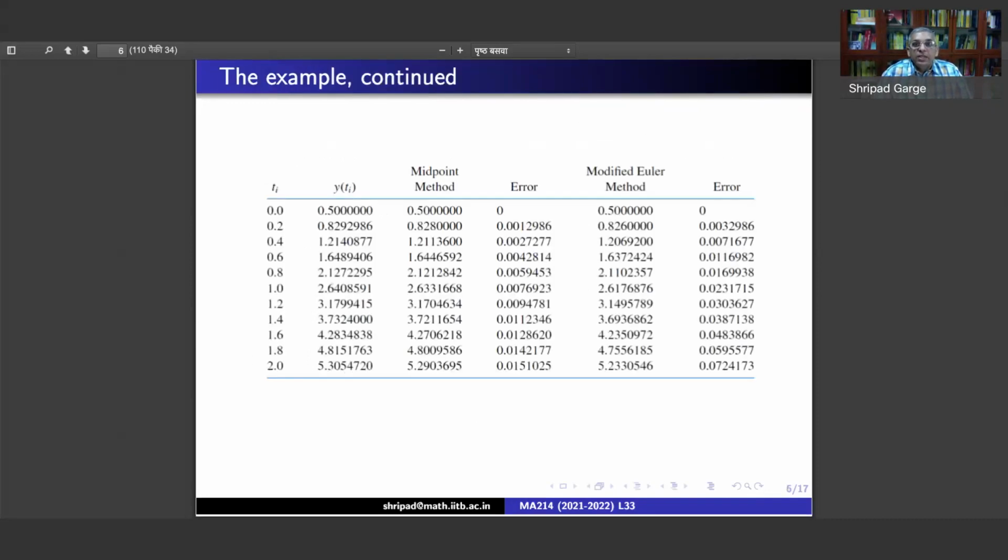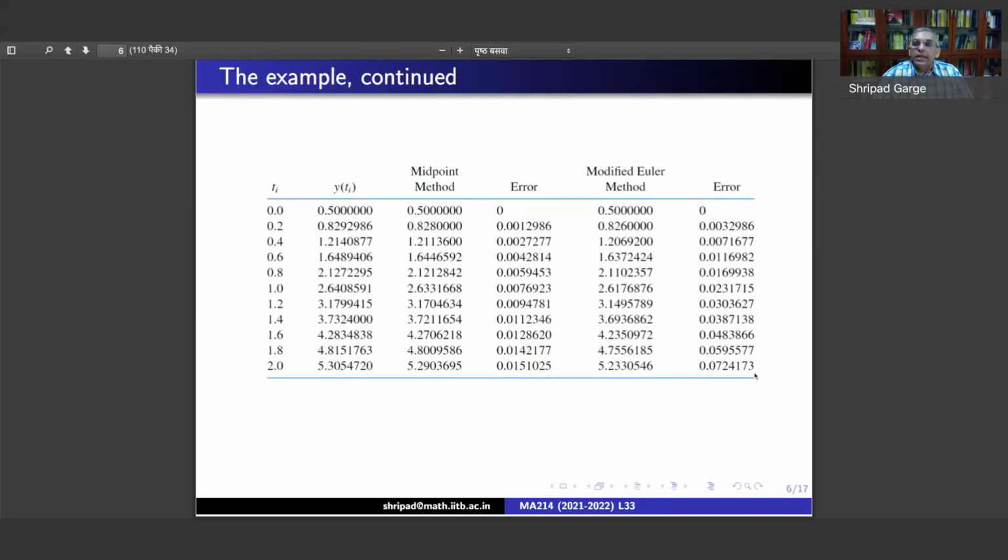So we see that I have put here the midpoint method and the modified Euler method, and we observe that the maximum error for the midpoint method is 0.0151025, whereas the error for the modified Euler method is 0.0724173.